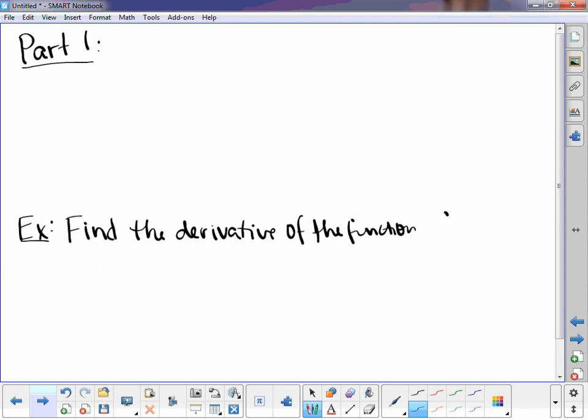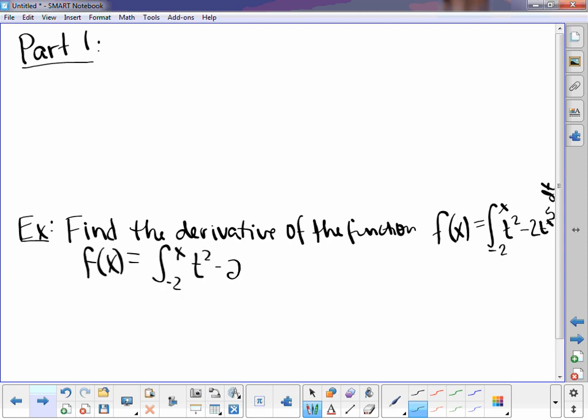Of the function f of x equal to the integral from -2 to x of t squared minus 2t plus 5 dt. Okay, I need to rewrite that, I'm sorry. So negative 2 to x of t squared minus 2t plus 5 dt.